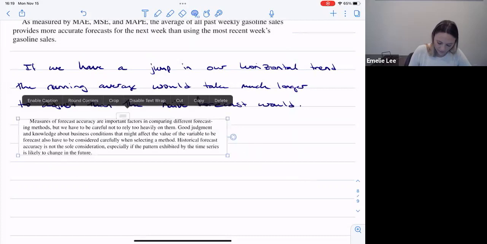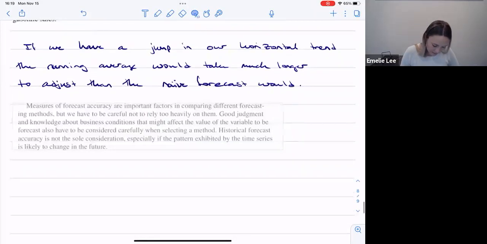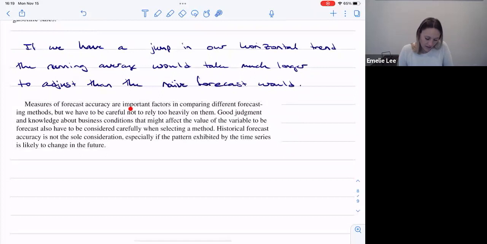So there are reasons to use the naive forecast if you suspect that you're going to have these big jumps. Ultimately, we measure these forecasts and we can talk about the MAD, the mean squared error, the MAPE, but really, it's going to be up to you to know that, oh, I expect a jump to be coming, so I need to be prepared for that.